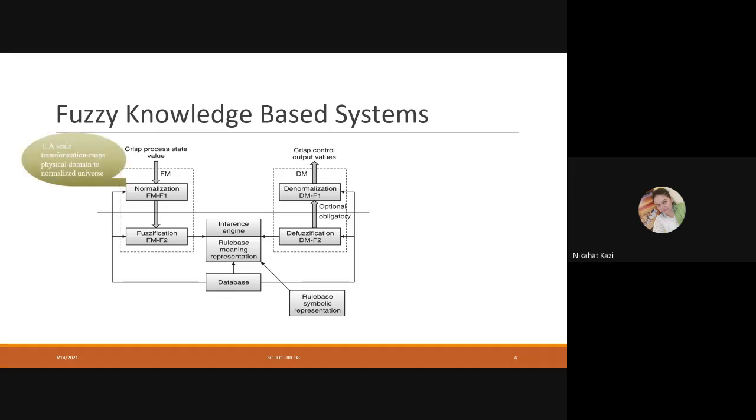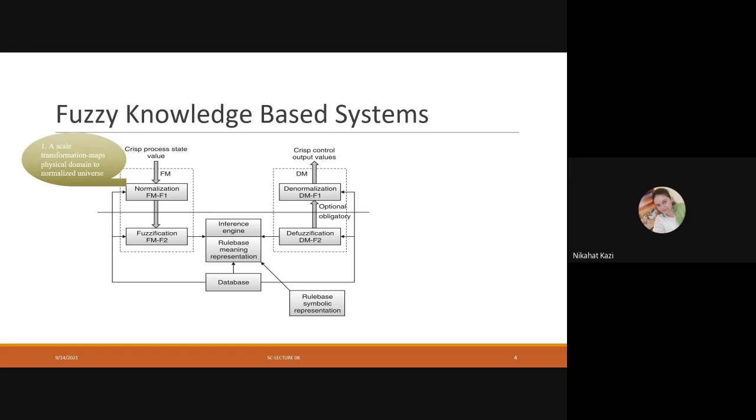The first block that comes in is a normalization block. The crisp value from the real world domain is accepted by the system. Then a scaling transformation is used, which maps the physical domain to a normalized universe, because the values will be in some real world values.